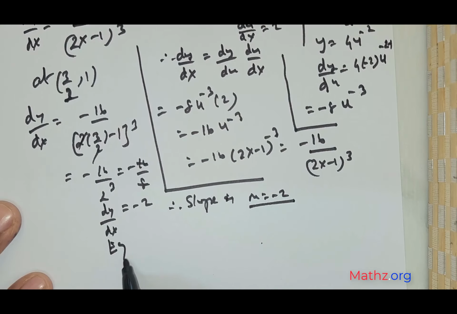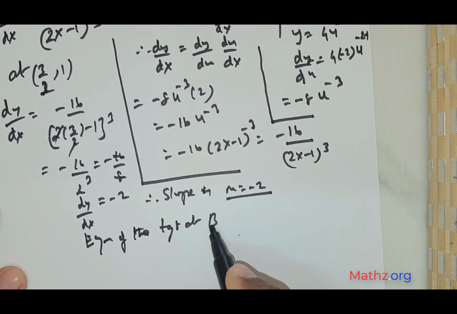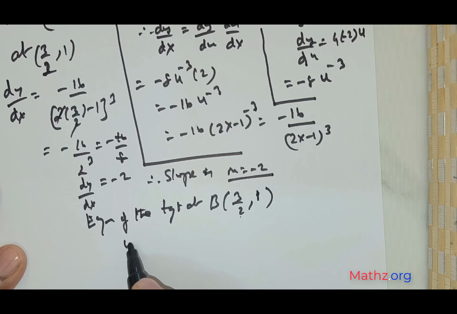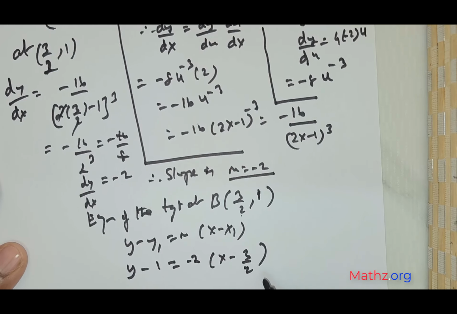Now let me find out the equation of the tangent at the point B, (3/2, 1). Right, so that's going to be y - y1 is equal to m times (x - x1). So y - 1 is equal to the slope, negative 2, times (x - 3/2).